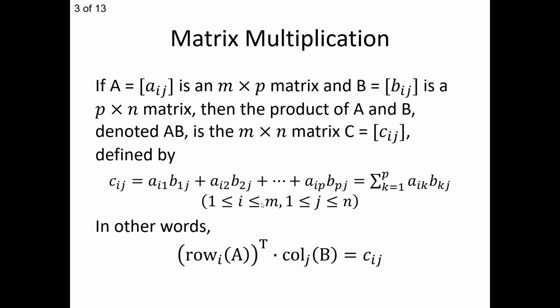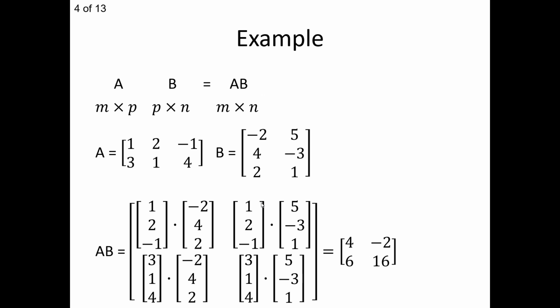It's best to visualize this in terms of an example. The first thing on our next slide that I want to point out is to watch the dimensions of each matrix, because not all matrices can be multiplied together. The inner dimensions are those p-values. Notice how the p-values here are the same. When they are the same, we can multiply these matrices together.